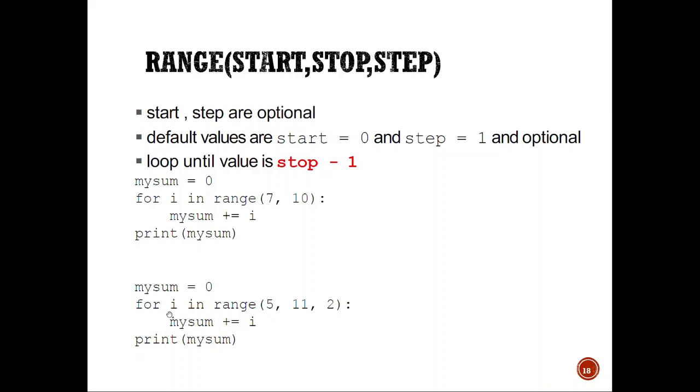Another example is the same thing, but we are starting with the value 5 and the stopping condition to be 11. However, we are specifying the step to be jumps of 2. So in this case, we would actually be adding the values of 5, 7, and 9.